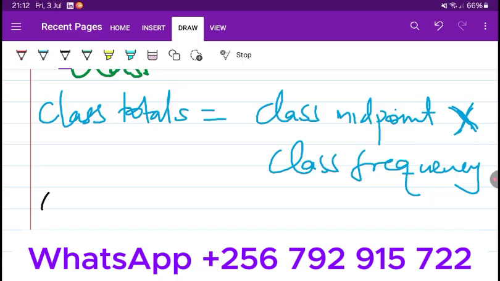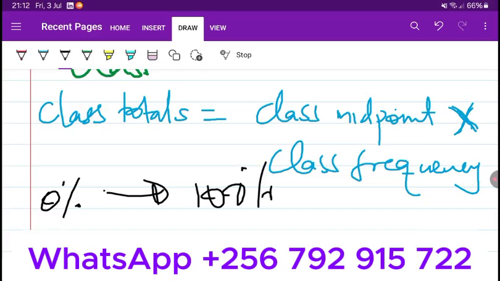Its horizontal scale, or the horizontal axis, starts at 0% and ends at 100%, because we said we plot cumulative percentage frequency against cumulative percentage class totals.